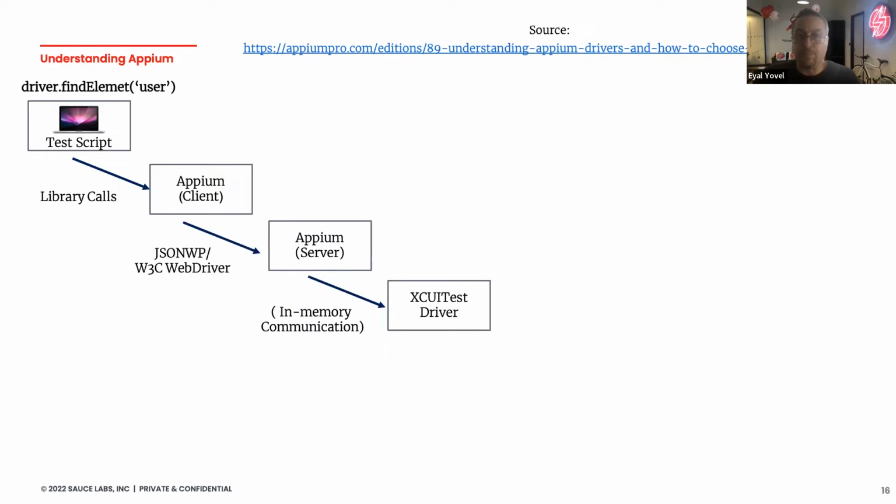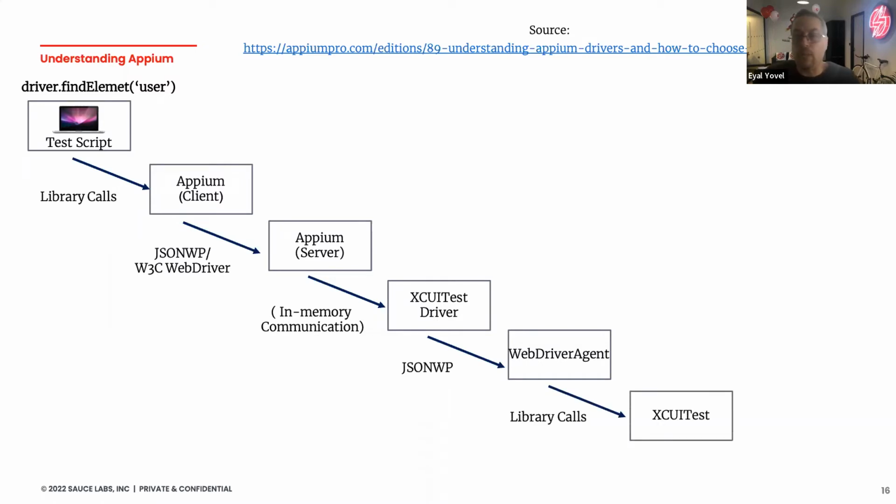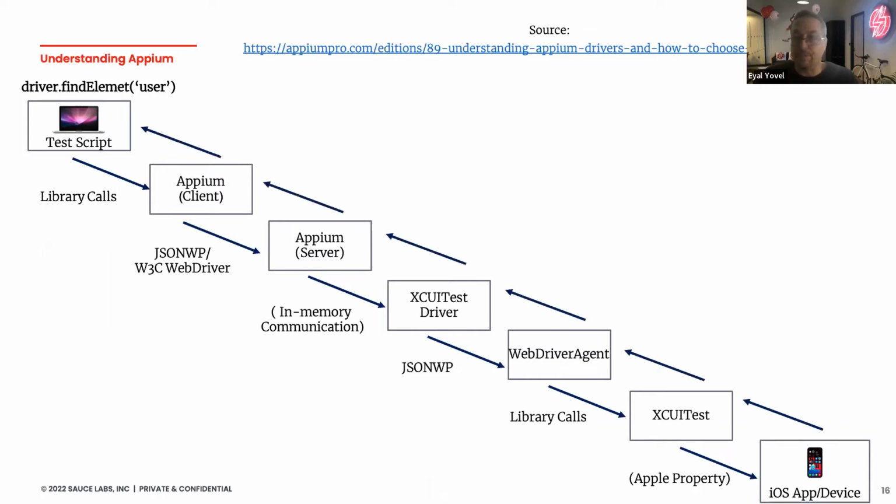In this case, we run a test on an iOS device, for example. From the Appium server, we reach the XCUITest driver and the WebDriverAgent. WebDriverAgent is a component that Appium installs on the device. This component calls the Apple component XCUITest, which runs the commands on the real iOS device. After that, the result is returned all the way back to your script, to the machine that runs it.